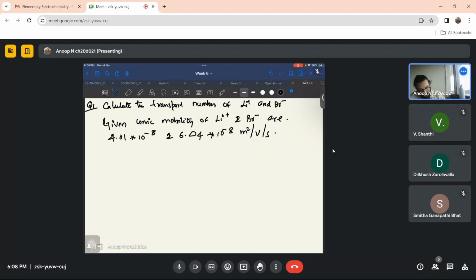So how will you calculate? This is a straightforward question. What is T plus? What is T minus? What is the formula relating ionic mobility and transport number?